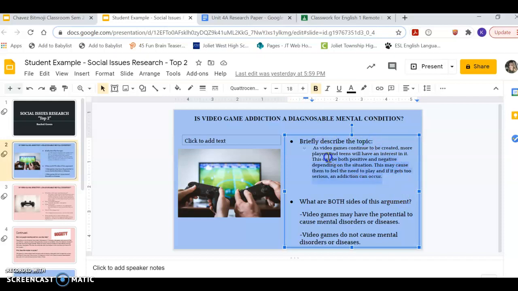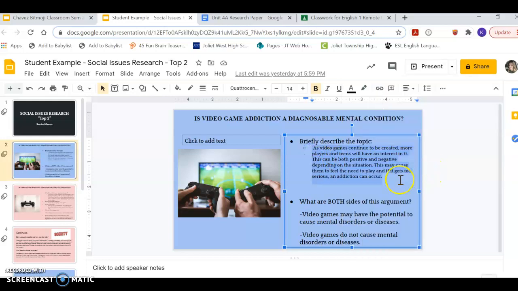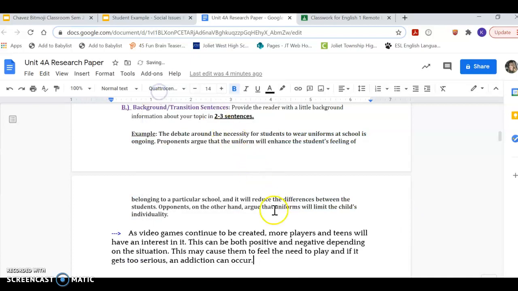You can copy what you already wrote, so highlight it and copy it. Go back to your research paper, and under letter B of your intro, next to that blue arrow, paste what you wrote. Now, if you weren't detailed enough in your presentation last week, you're going to want to add the detail here because, again, the limit is 2 to 3 sentences, and you want to cover both sides of the topic.